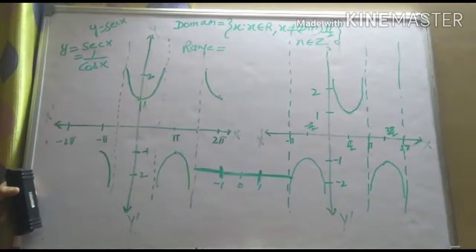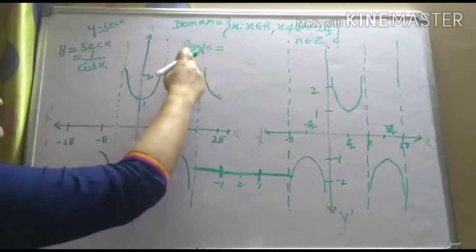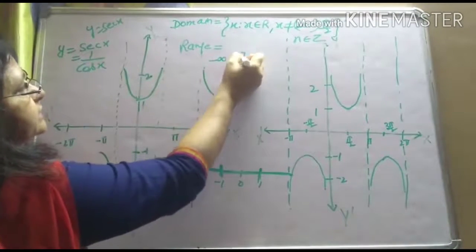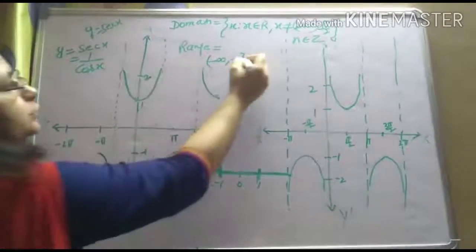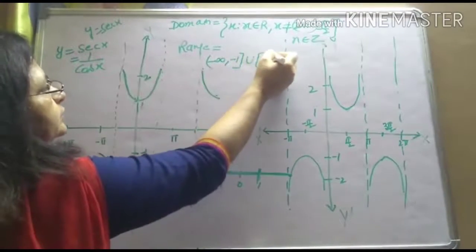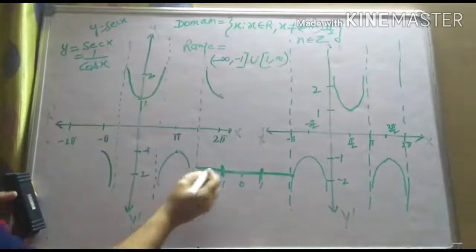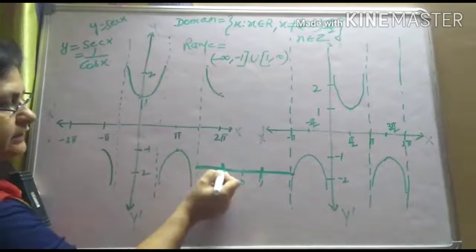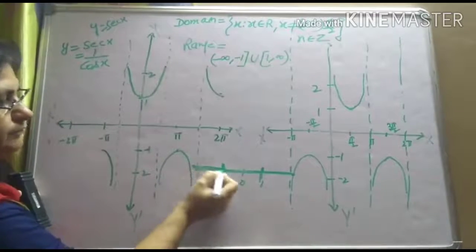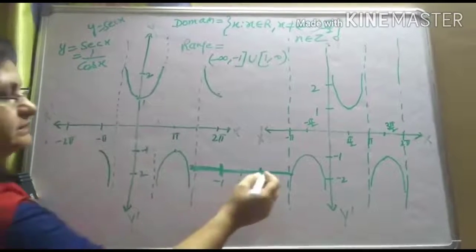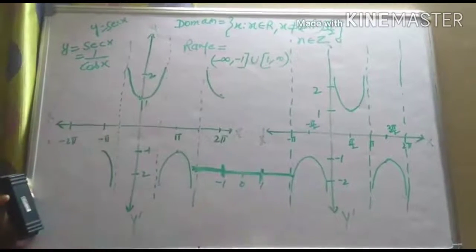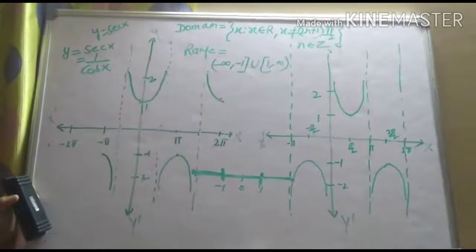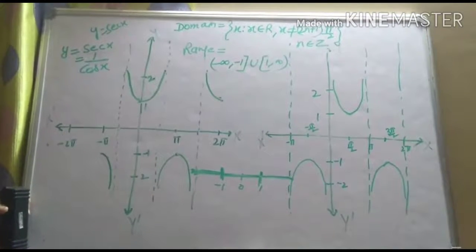So range means the value of y. It means the range is minus infinity to minus 1 union 1 to infinity. It means the value of y lies in the range of minus 1 to minus infinity and 1 to infinity. So the range of the function is minus infinity to minus 1 union 1 to infinity.